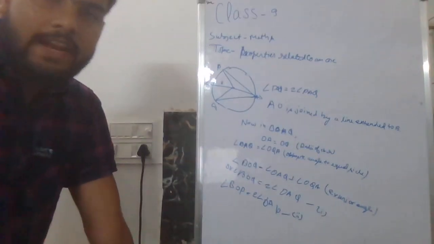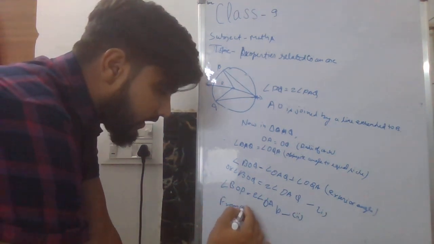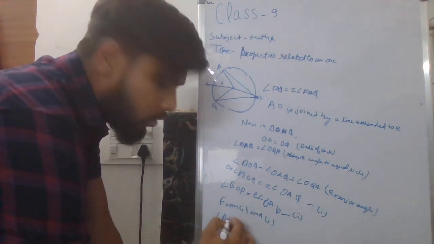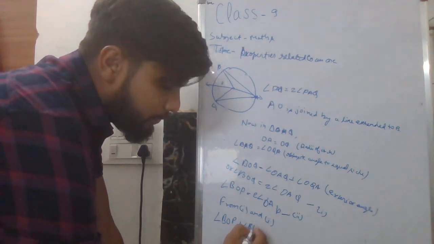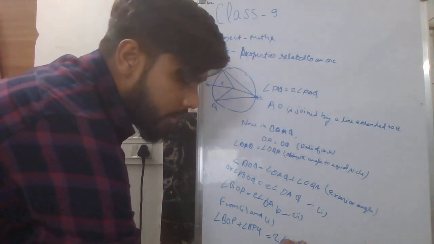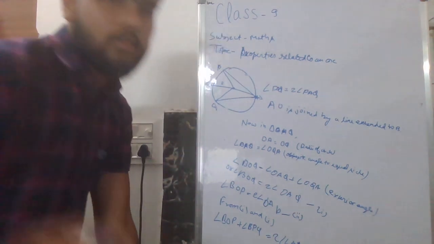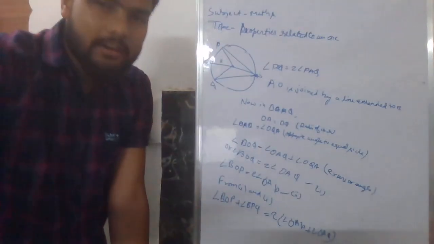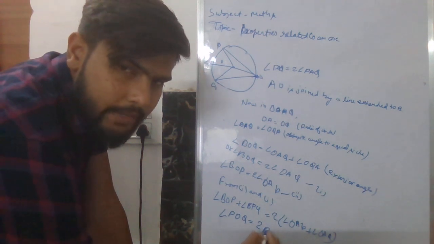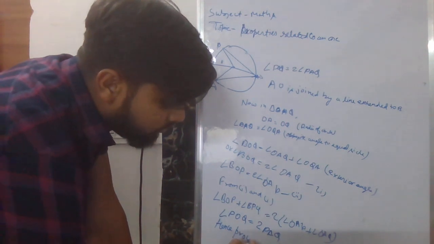Okay, so after that we can see that from equations 1 and 2, angle BOP plus angle BOQ will be 2 times angle OAP plus angle OAQ. Or we can see that angle POQ equals 2 angle PAQ. So this theorem is hence proved.